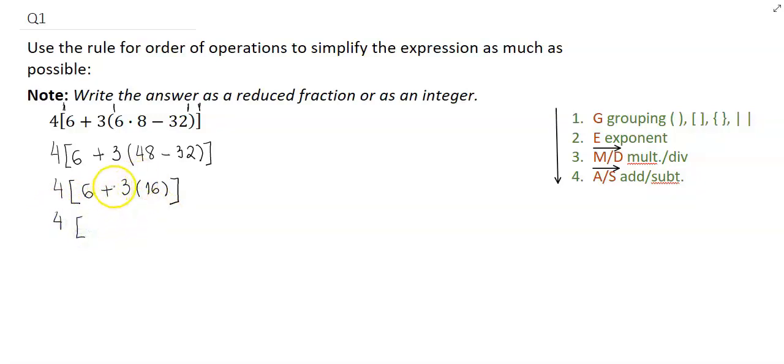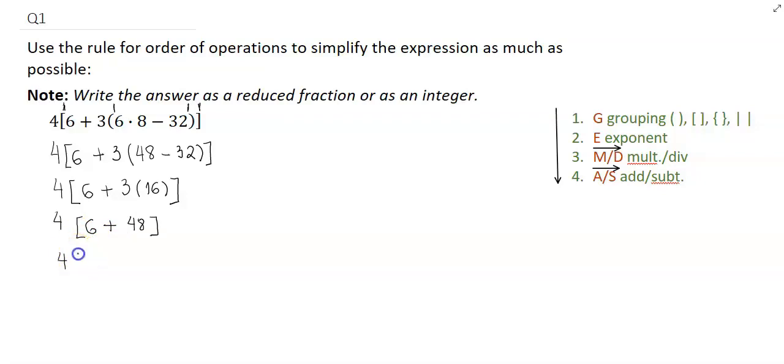Now pay attention, I have addition and I have a multiplication here. The multiplication has priority over the addition. So then I'm going to keep 6 plus and solve the 3 times 16. And I get the number 48. It's still one operation inside the grouping. 6 plus 48 is 54.